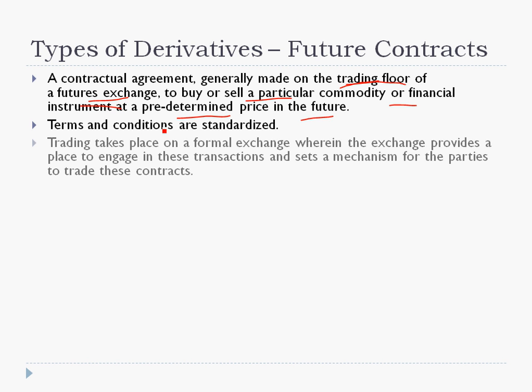Terms and conditions are highly standardized, right? So for example, if you want to buy stocks, the terms and conditions would be specified, right? You would be able to buy stocks in lots, right? So the number of shares in each lot would be fixed, right? For example, if you want to buy Infosys stock, you have to buy in lots.